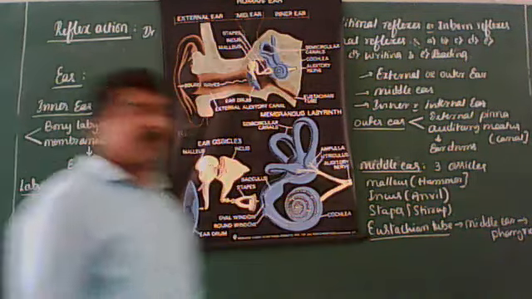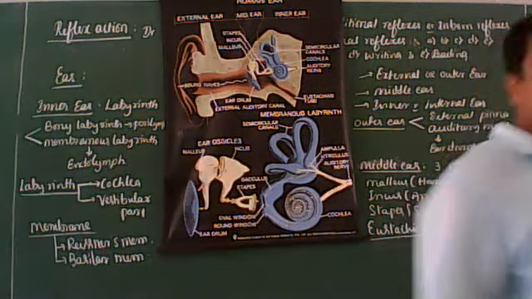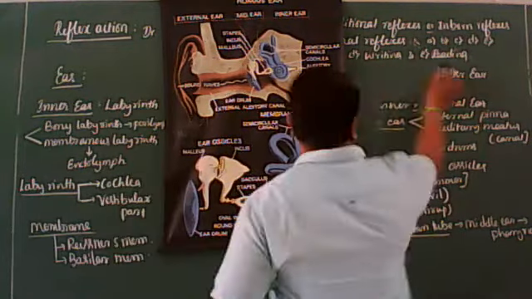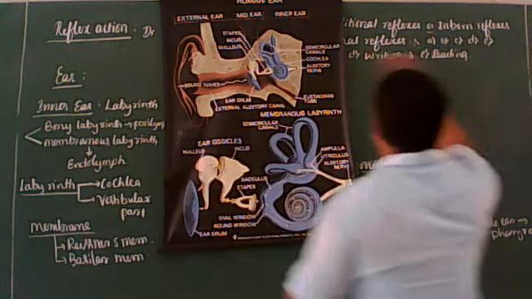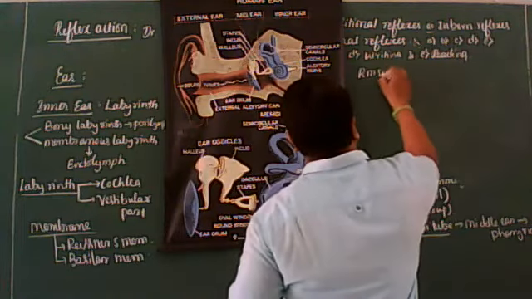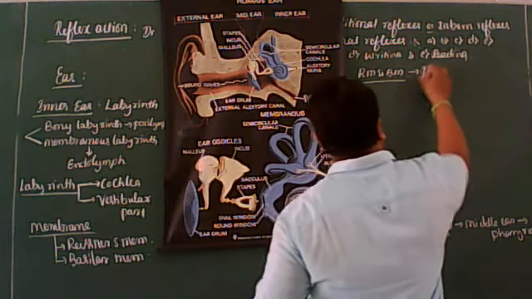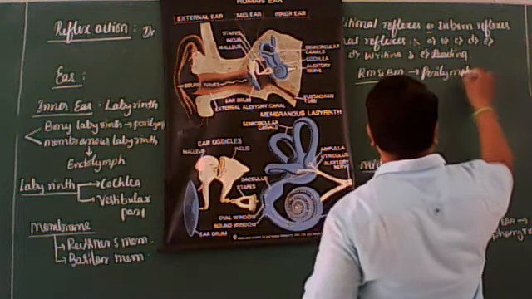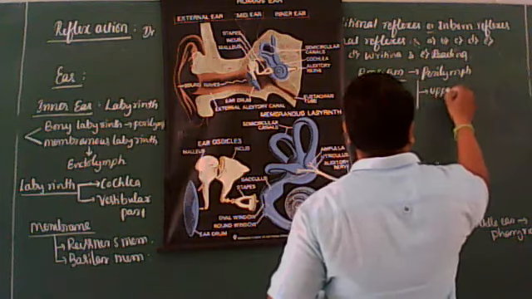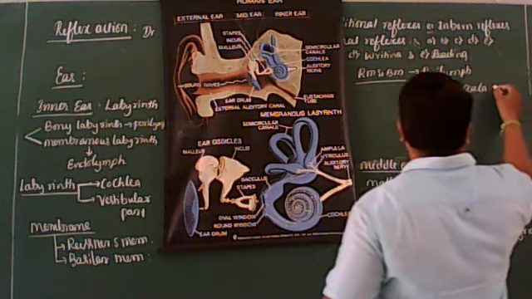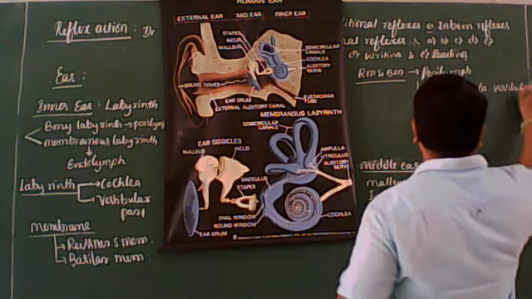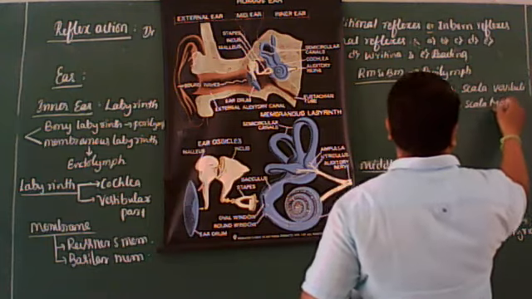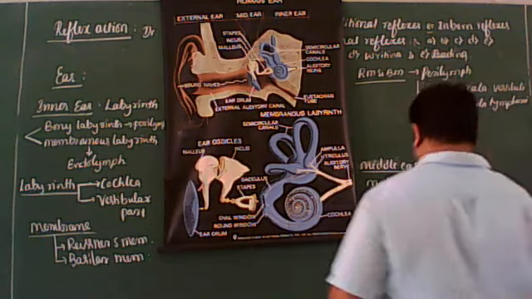Both Reissner's and basilar membrane divide the surrounding perilymph into the upper scala vestibuli and the lower scala tympani.